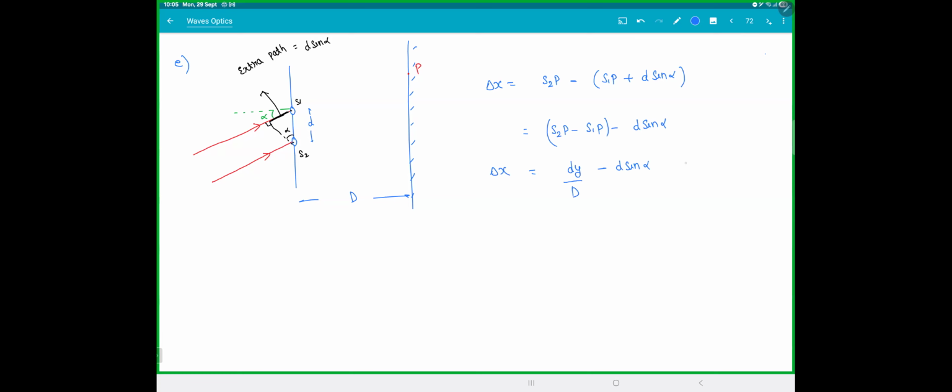For central maxima, 0. If you want first maxima, 1 lambda, and so on. Then y is equal to d sine alpha. Clear? So S1 is traveling more, so the maximum will shift a little upwards.